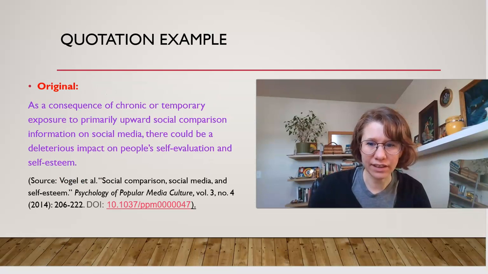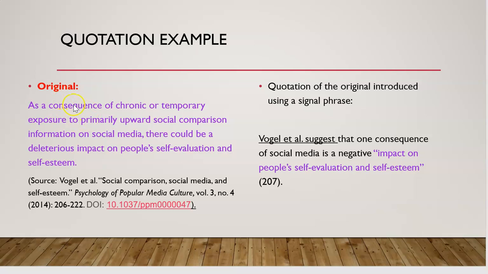So let's take a look at an example here. In this example, I have the original text, and this is just from a source, an article that I found that was talking about social media and how it can impact a person's self-esteem when they're comparing themselves to other people's profiles.